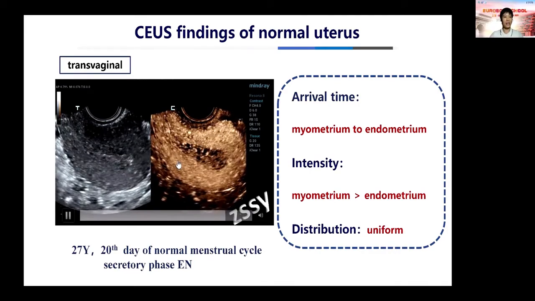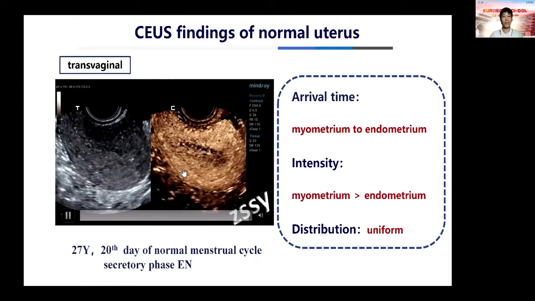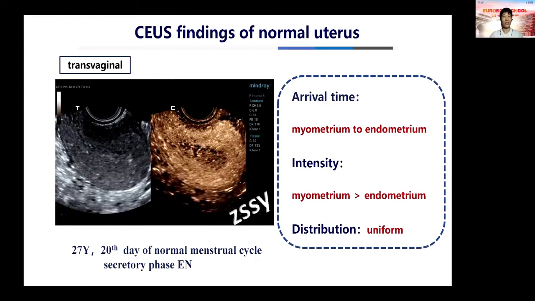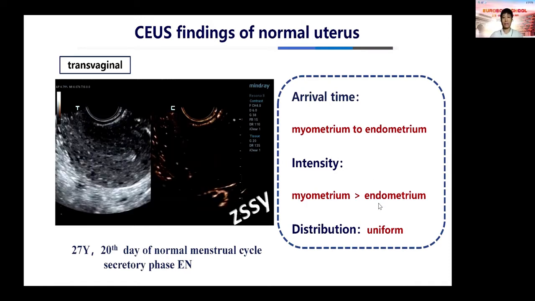That's to say, the perfusion of agent is quite the same in the different phase of endometrium. Please keep in mind the enhancement features, which is very useful for the differential diagnosis.